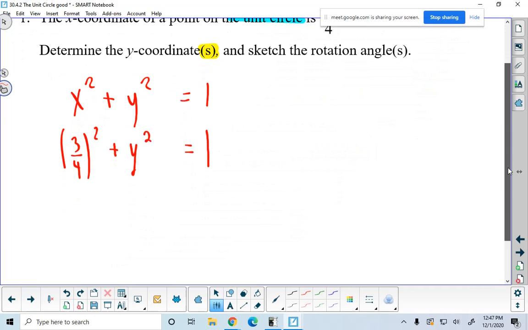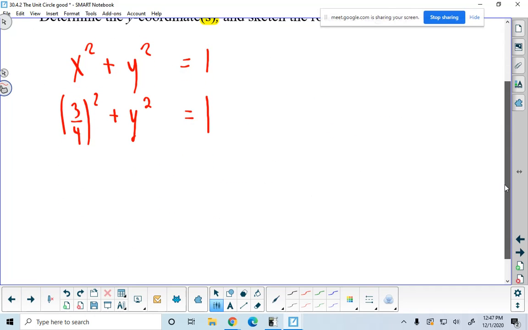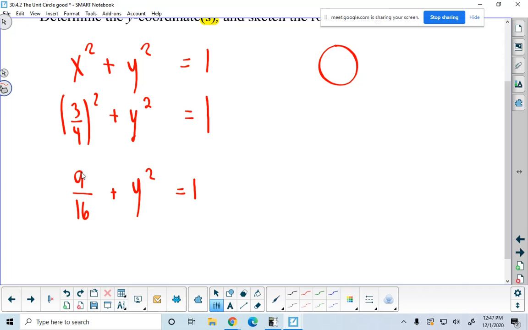I square 3/4, and I want us to work on paper. I don't want us to work on the calculator just yet. When I square 3/4, I get 9/16. I square 3 and get 9. I square 4 and get 16. This is equal to 1. My mind immediately says 1 is 16/16.